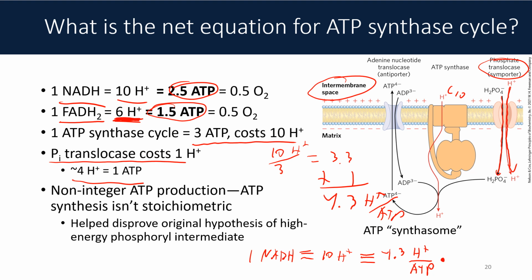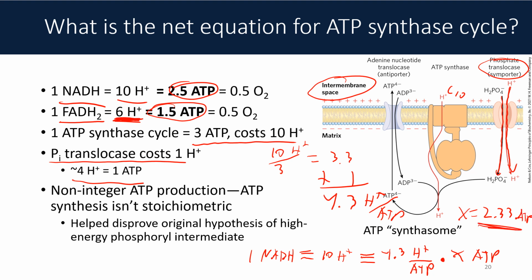And how many ATPs can we get out of that? x ATP. Well, you just solve for x, and you divide both sides by 4.3. 10 divided by 4.3 is going to be equal to about 2.33 ATPs.